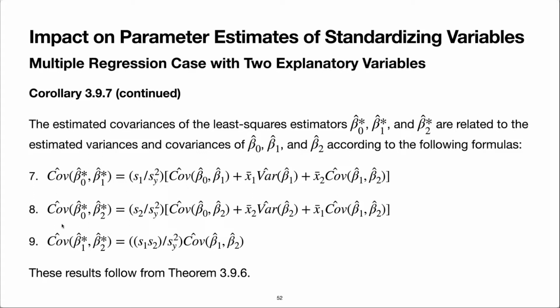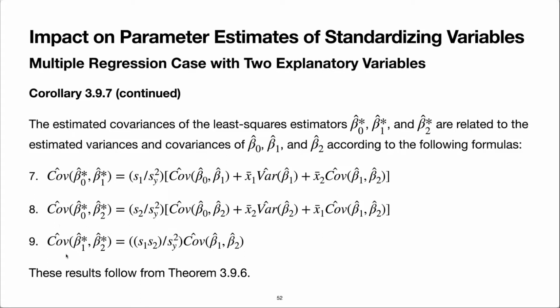The estimated covariance of beta 0 star hat and beta 2 star hat involves the estimated covariance of beta 0 hat and beta 2 hat, the estimated variance of beta 2 hat, and the estimated covariance of beta 1 hat and beta 2 hat.